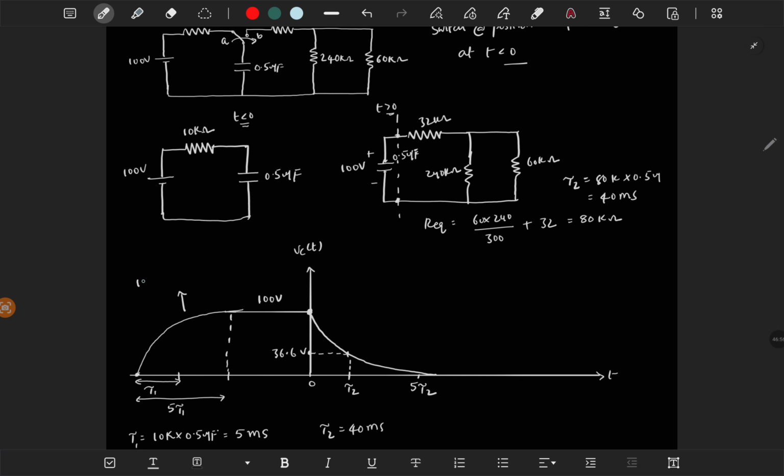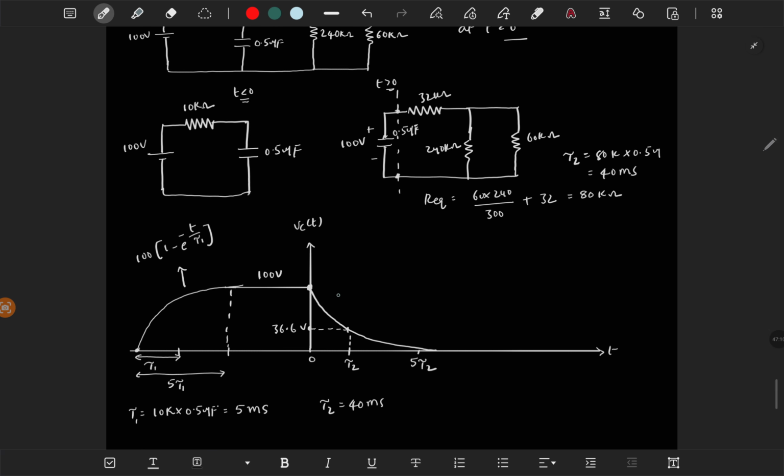So you will get 100 times 1 minus e power minus t by tau 1, right? That is this expression. And for this expression, the initial value is 100 and the final value is 0, so 100 times e power minus t by tau 2.